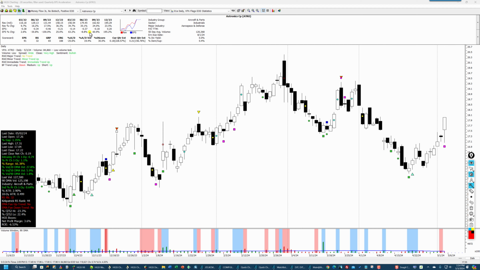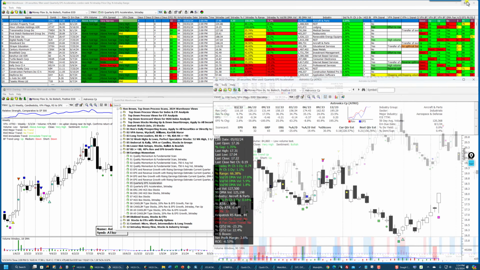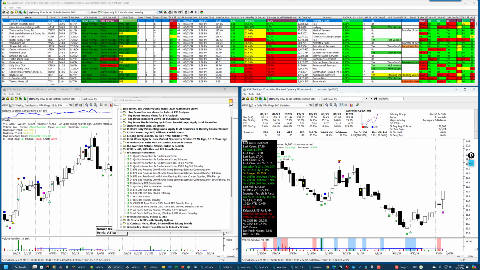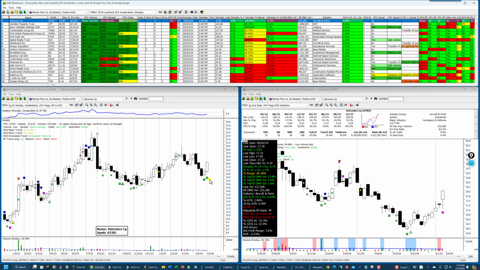So it meets the criteria of earnings acceleration. Chart's not nearly as nice as some of these that we've seen. Let's take a look at the weekly. And no, it's okay, but it's not a trending stock.